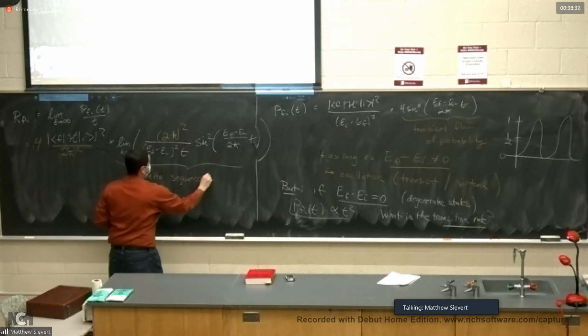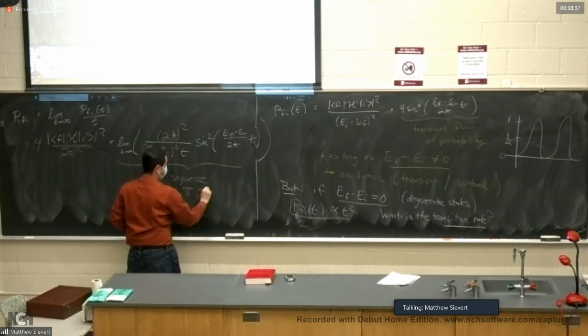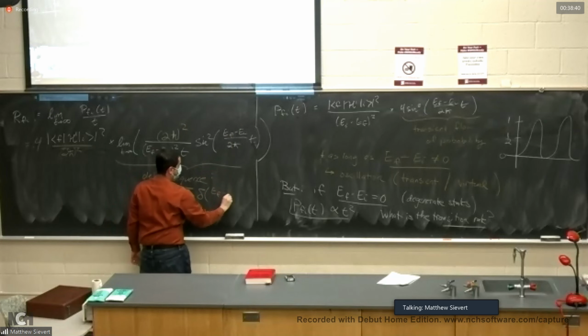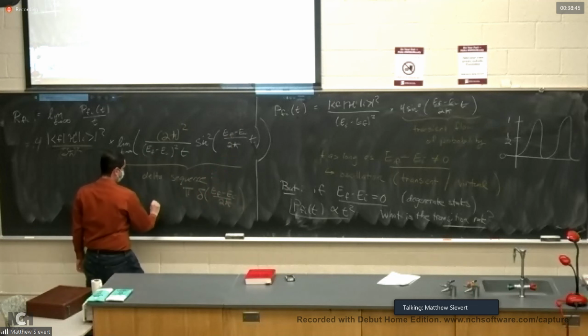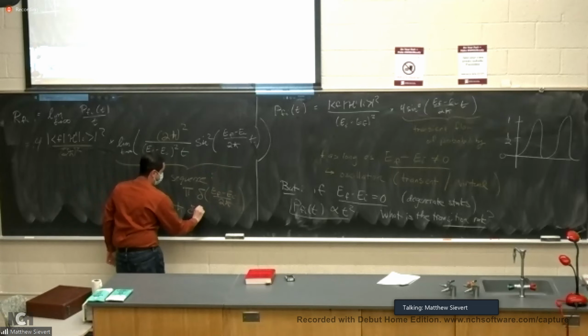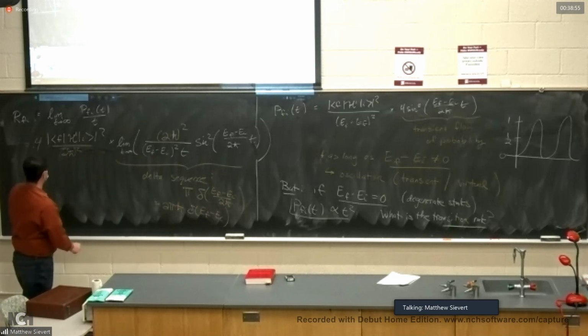So this thing, in the limit when t goes to infinity, becomes π times a delta function of what's inside here: delta function (E_final minus E_initial) divided by 2ℏ. And if I massage the argument of the delta function, then this is 2πℏ, energy conserving delta function, E_final minus E_initial.